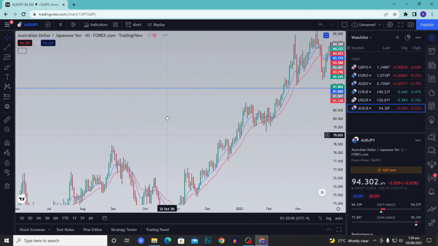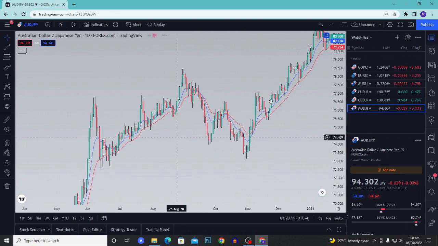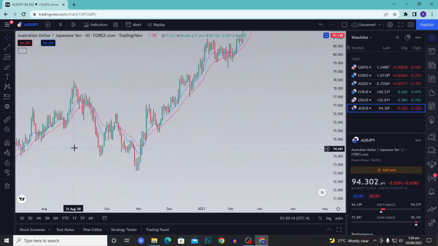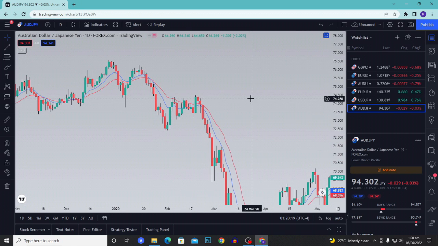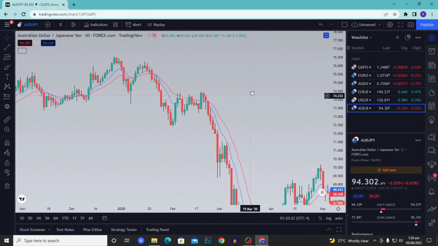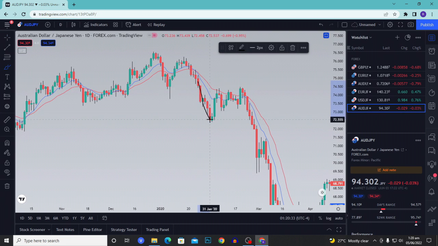Let's look for another W setup somewhere. Kind of got one right here where price came down, came up, came down, then came up to break above this neckline right here, neck point, before it dropped down again.